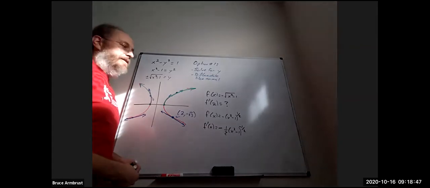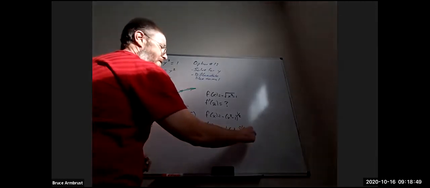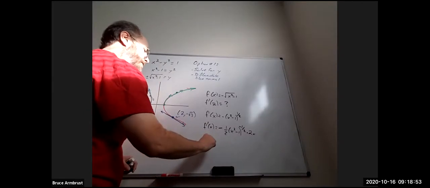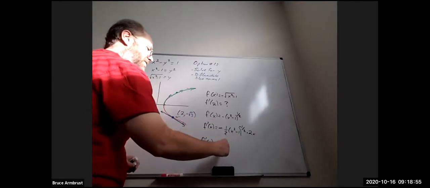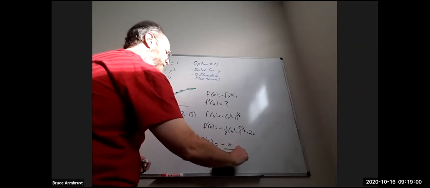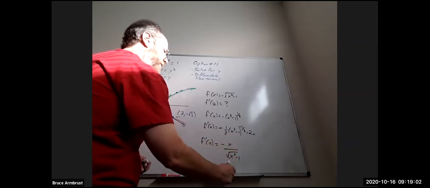It's 2x. All right, so we're going to multiply that by 2x. So let me just rewrite this because the 2's cancel. I'm going to get a minus x over the square root of x squared minus 1.